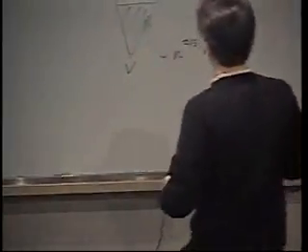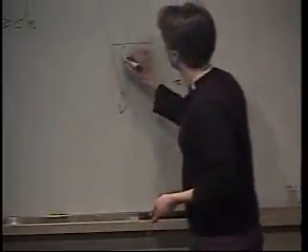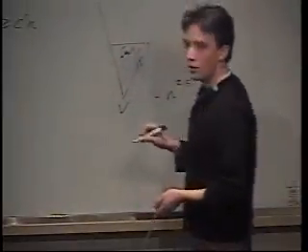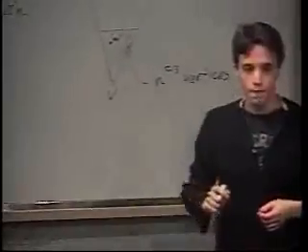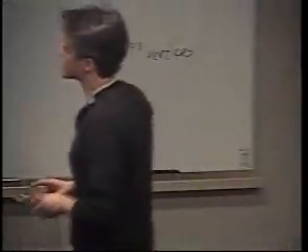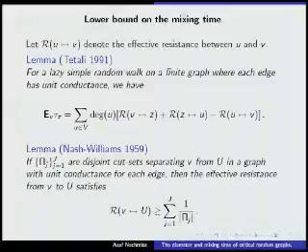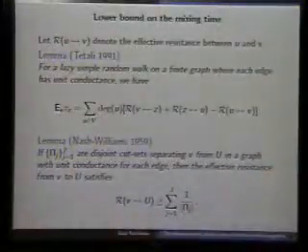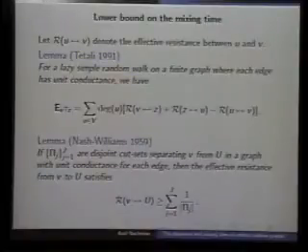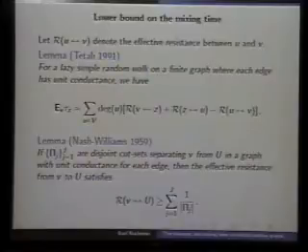If you have a vertex here, this is U. What the Nash-Williams inequality says is that for the effective resistance between V and U, if you can find a lot of cut sets of small size, then it has large effective resistance. So all we need to find in this picture, we have this vertex U, we're going to have a lot of them.